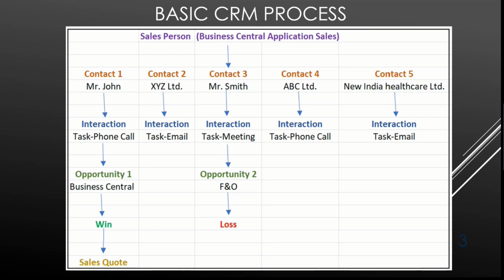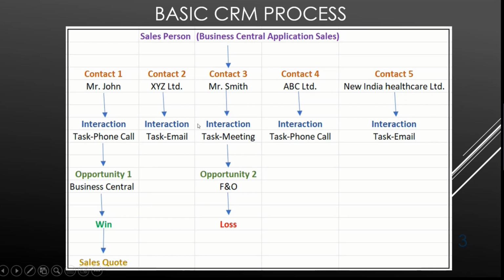In this example, you can see a salesperson who is connected to many contacts. The contacts could be persons, or contacts could be companies. First, Mr. John is the contact type person. The second one is XYZ Limited, which is a company. Like that, this salesperson has connected to many contacts.